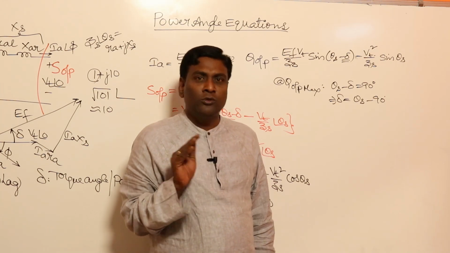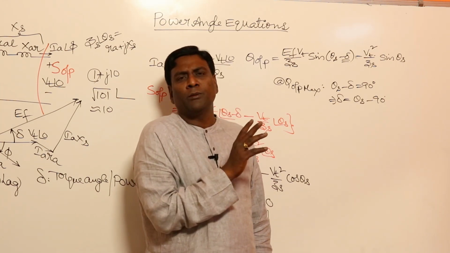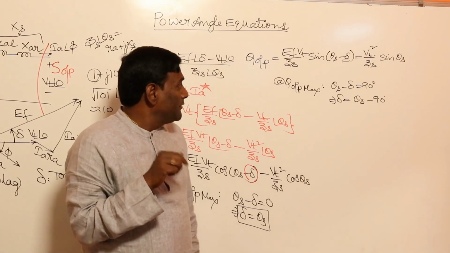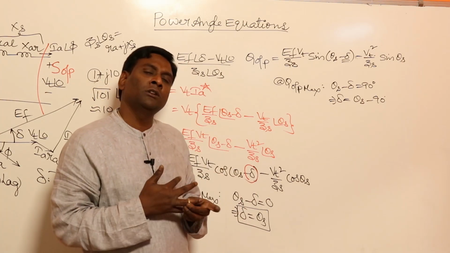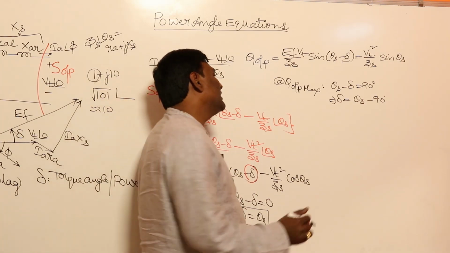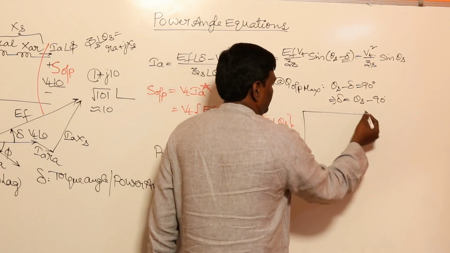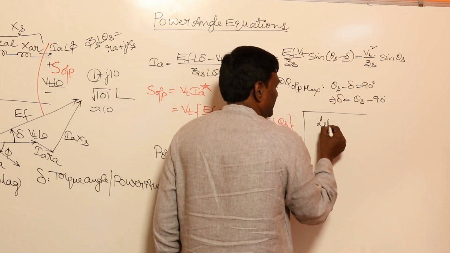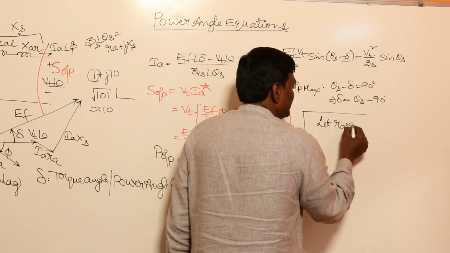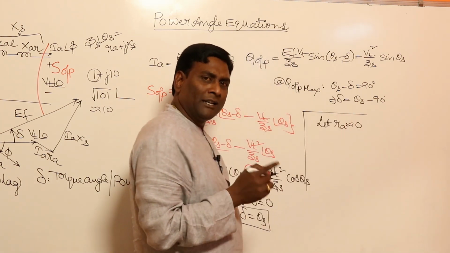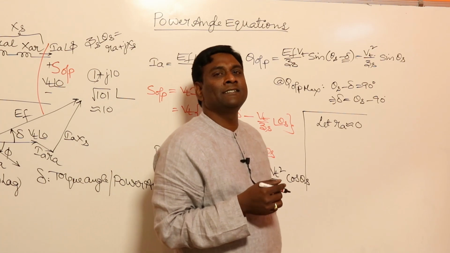But anyway, if you come to GATE, most probably a question with RA may not come. Even if it comes, like we have a one-volt GATE question, I will tell you how to solve. That is when RA is neglected. For example, let armature resistance be neglected. Why? Because XS by R is going to be high. If you consider XS, it will be fine.